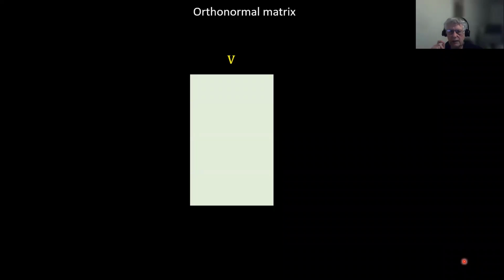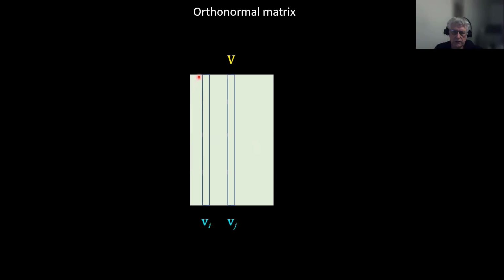Well, consider the matrix V here, which has more rows than columns, and let's consider that it's orthonormal. So let's look at the column vectors, the vectors which comprise the columns of V. I'm going to call them little v1, little v2, etc., vi, vj, vk, etc. Two things apply.